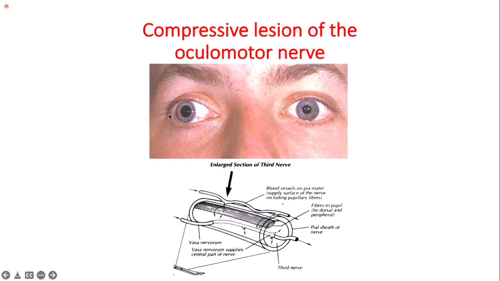If you see a dilated pupil, you must be very alarmed, because it can be a neurosurgical emergency. Not all dilated pupils are emergencies, but if you see one, your first assumption is that it is a compressive lesion. And in this context, a posterior communicating artery aneurysm compressing on the third nerve, because it is very close to that artery as the nerve comes up.